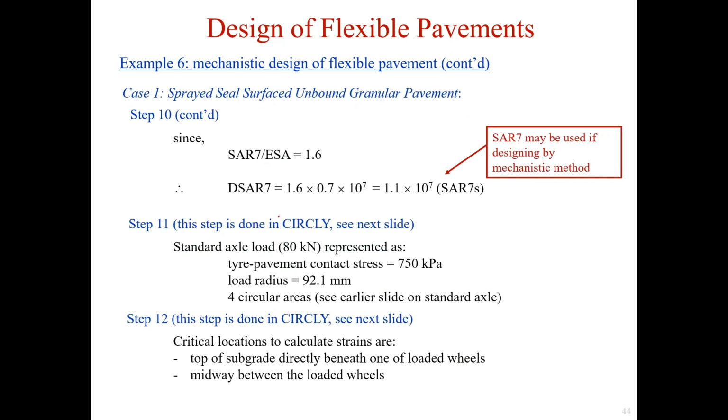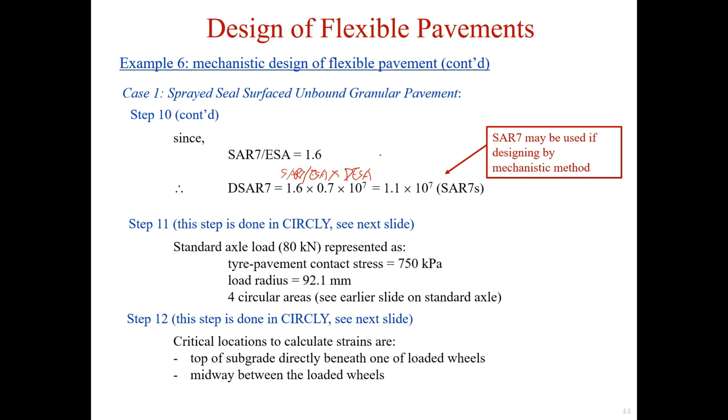Since SAR7 over ESA is equal to 1.6, that's the given condition of all three cases. So DSAR7 could be calculated as DESA times SAR7 over ESA. So this is 1.6, that's SAR7 over ESA, times DESA.